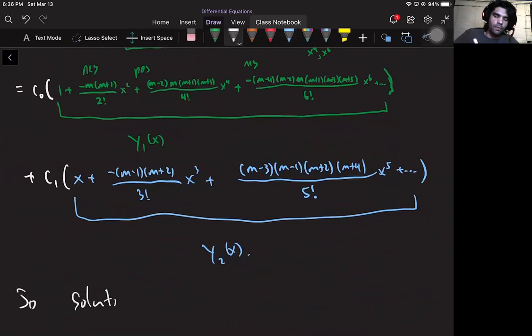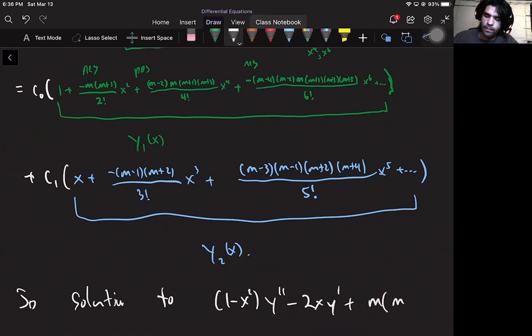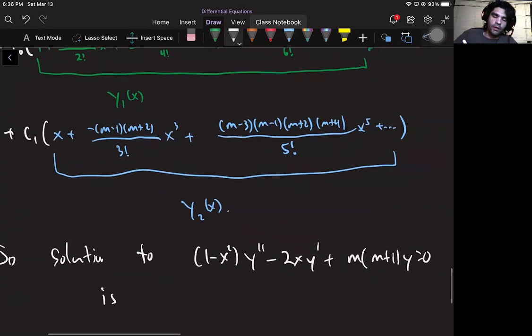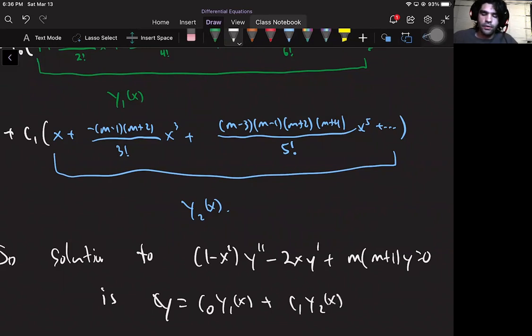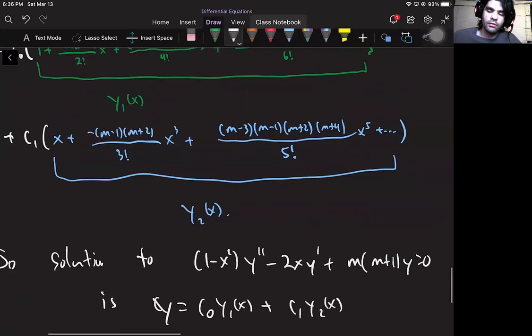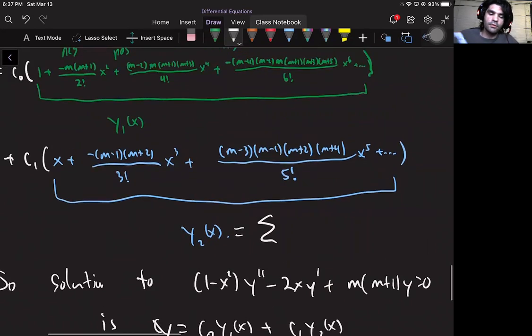So the solution to this differential equation, rewrite it here, is, I don't want to rewrite it all again, but it's this function C0 times that first power series, which I'm just calling y1 of x, plus C1 times the second power series, which I'm writing as y2 of x because it's just a bit too cumbersome to try to make it look like one nice little thing.